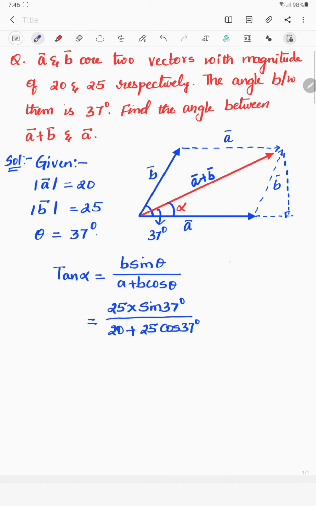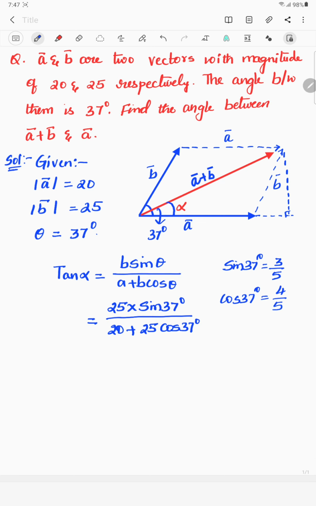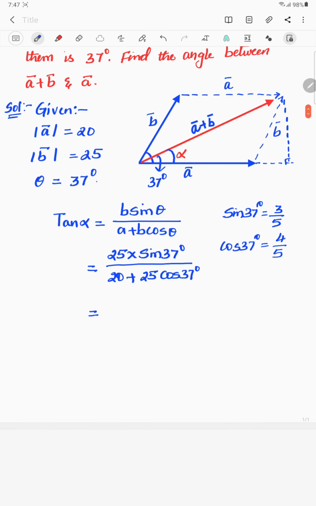Already we had these approximate values: sin 37 degrees is equal to 3 upon 5, and cos 37 degrees is equal to 4 upon 5. Just substitute these two values to simplify. Therefore 25 multiplied by 3 upon 5, whole divided by 20 plus 25 into 4 upon 5.